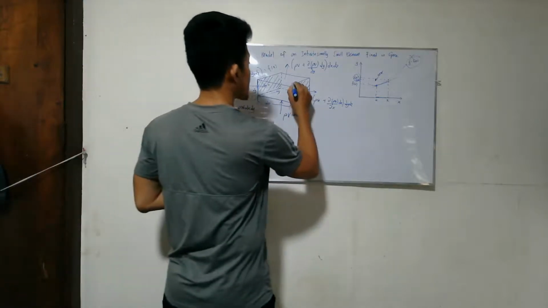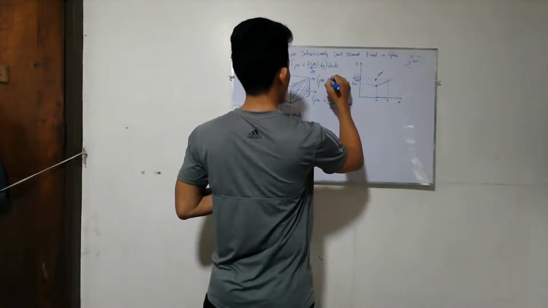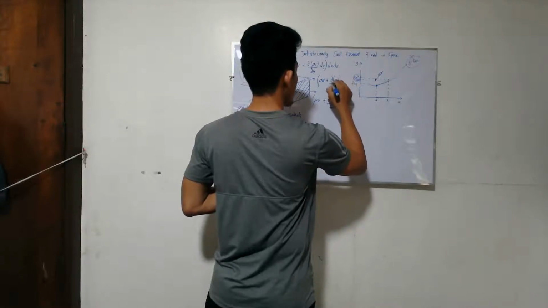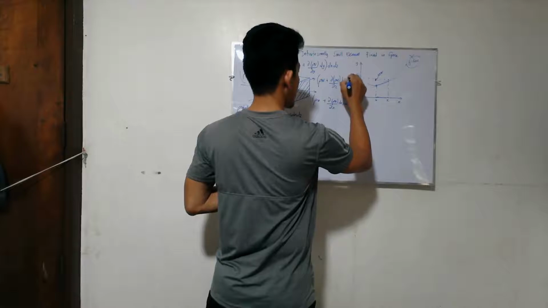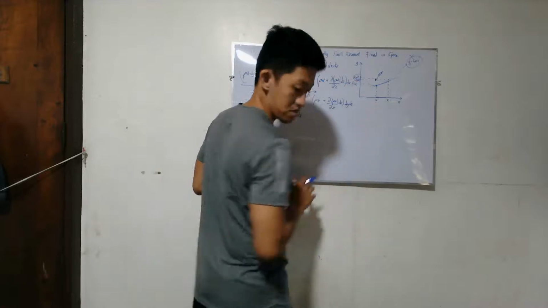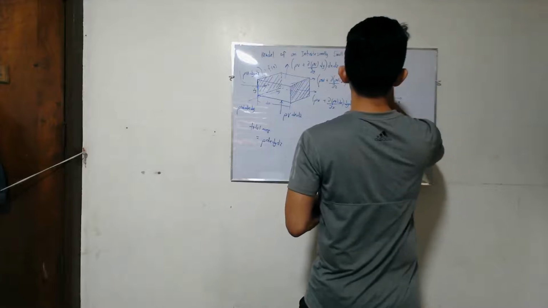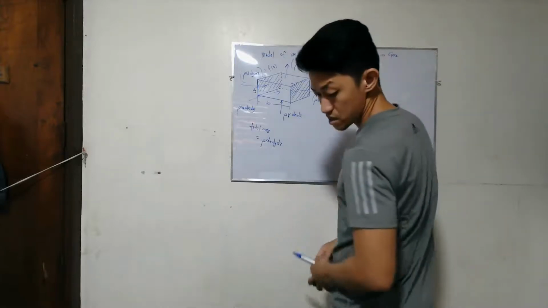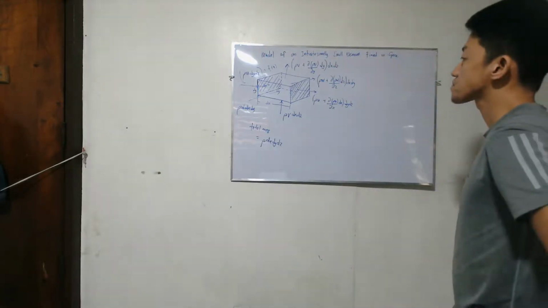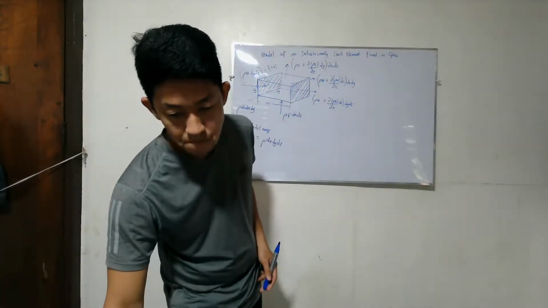And then ang magawas diri nga side is rho w plus partial of rho w with respect to z dz, then dx dy. Okay? Kompleto na. Okay.